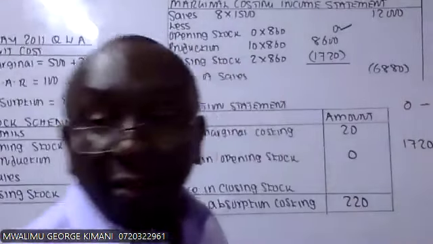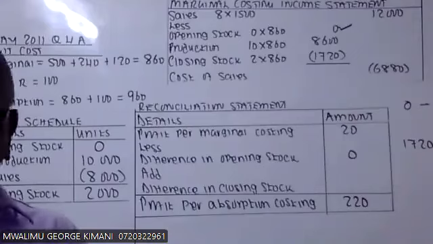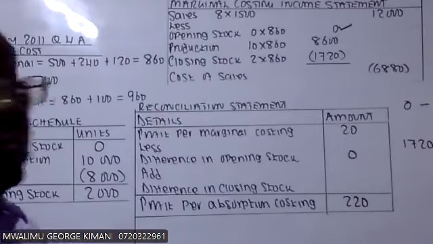Is it 1920 or 2000? The closing stock, I think it was 1920. Rose, you can confirm. 1920.